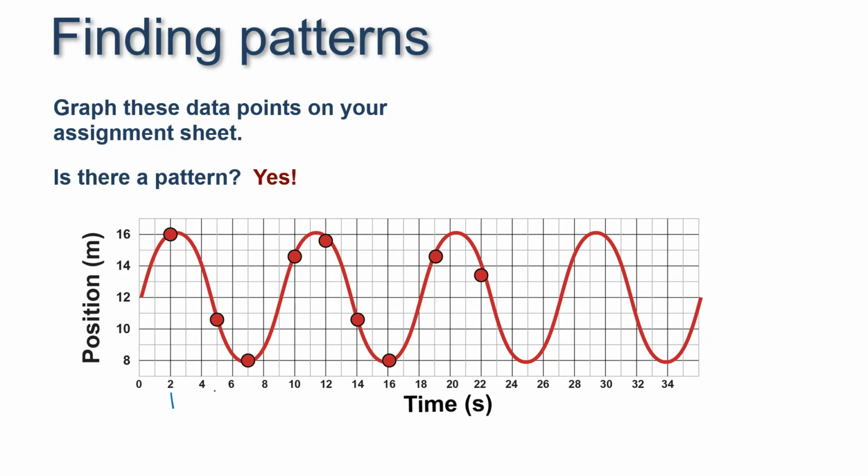So I collect data here, here, and here, about 2 seconds apart. Would it be easier to recognize the pattern if I had more dots? Yeah, it'd be a lot easier to see the pattern. So I could change the increment in which I collect the data.